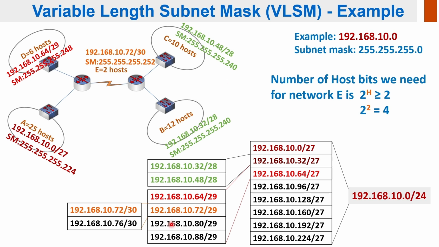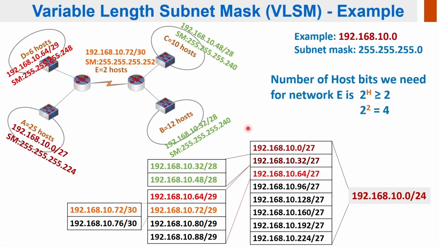And if you look here, all the networks in black font are available for future use. So you are saving many IP addresses for future use. VLSM gives us the scope to efficiently allocate IP addresses.